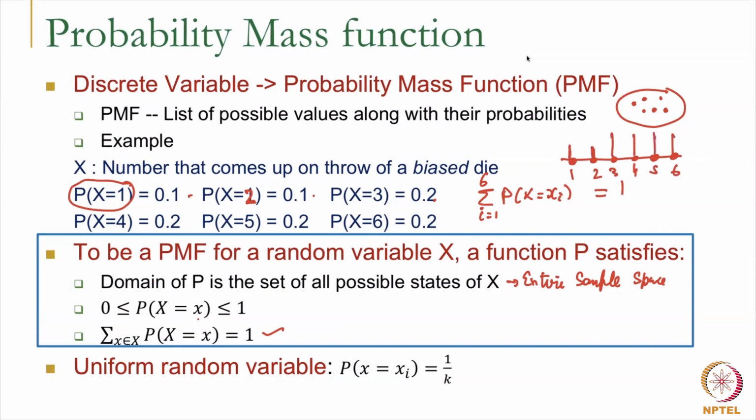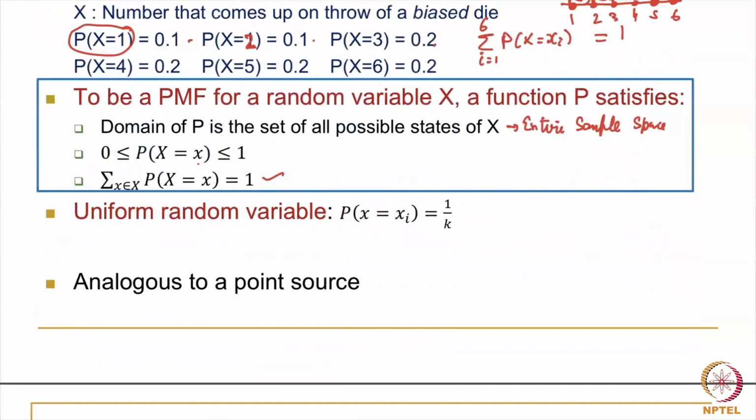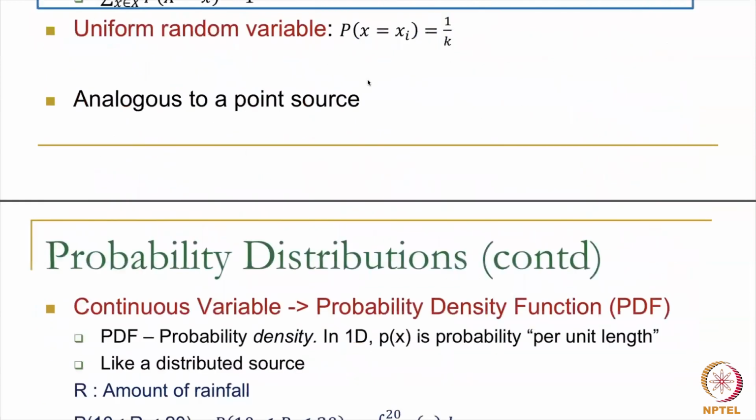So this is the diagram of a probability mass function. Notice it cannot take any value between 1 and 2, 2 and 3, 3 and 4. This is where it differs from the idea of a probability density function. So the probability density function is what we will see next. But as I mentioned here, a probability mass function is like a point source.